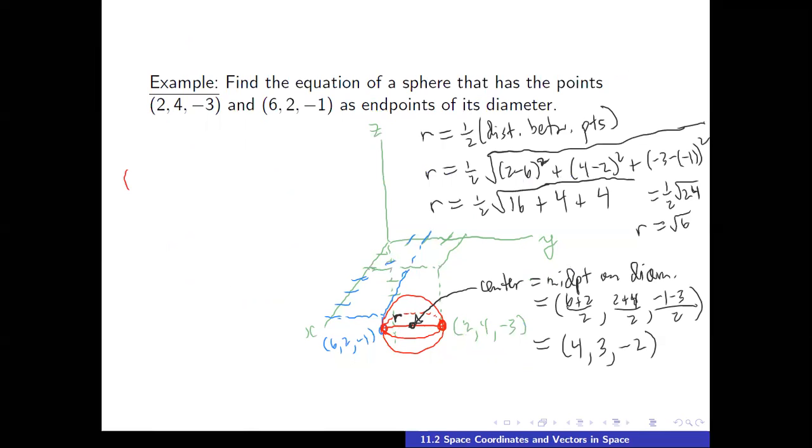X minus 4 squared plus y minus 3 squared plus z minus negative 2, which is z plus 2 squared equals what? 6. Equals 6. Exactly right. Does that make sense? Hopefully.